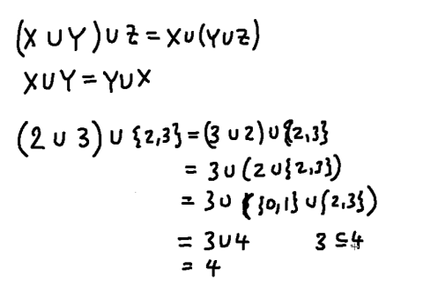Now, of course, we could have used this rule directly. We could have gone directly from here and said, because 2 is a subset of 3, the left-hand side is going to be 3, and then we're going to have 3 union with {2, 3}, and then we could have expanded 3 as a set of its elements and then concluded the same answer.